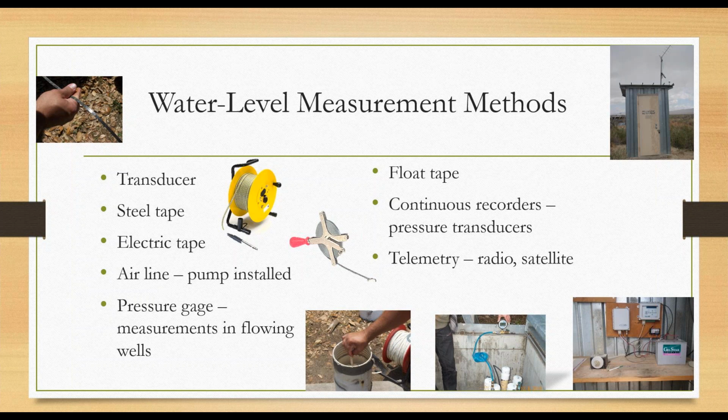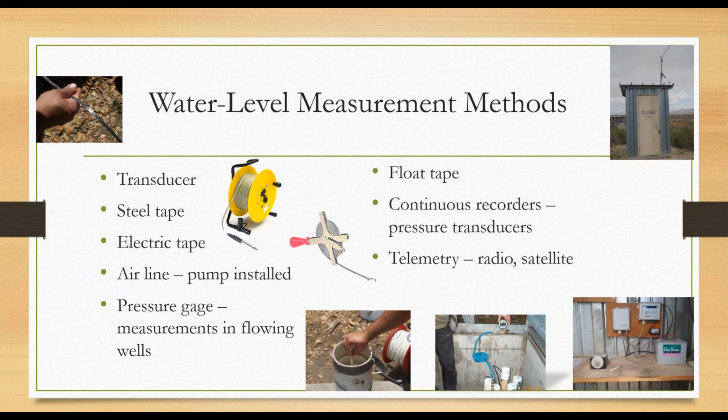The steel tape is by far the most preferred method of discrete or periodic measurement collection. The accuracy of a steel tape is 0.01 foot. It's durable. It's unlikely to stretch or kink, so the equipment will last a long time.